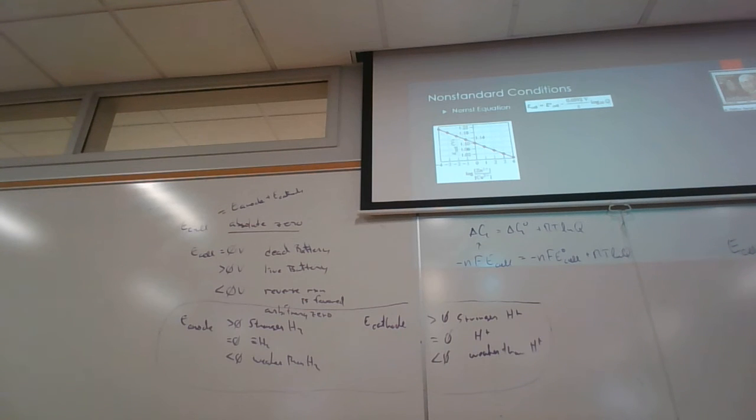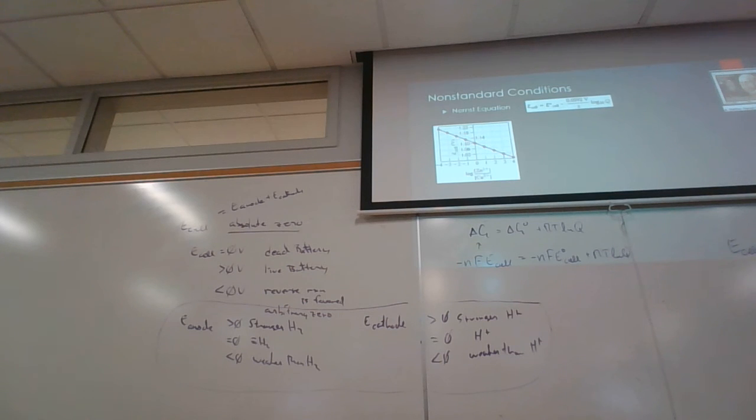If we assume that the temperature is 298 Kelvin, then R is a constant, T is a constant, F is a constant. And so what we're going to end up with is E of the cell is equal to E naught of the cell minus 0.0592 volts over Z. We're going to call N Z.